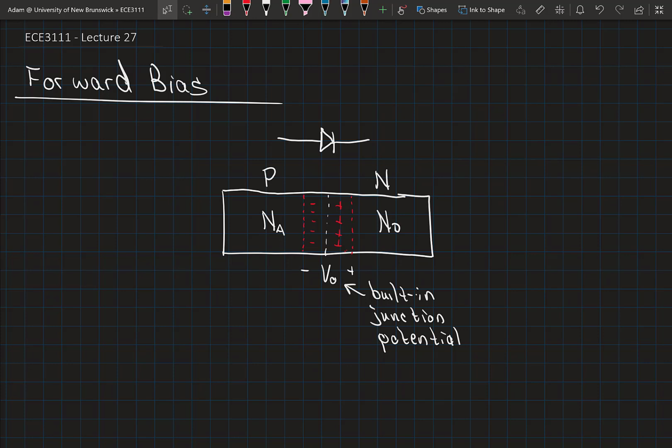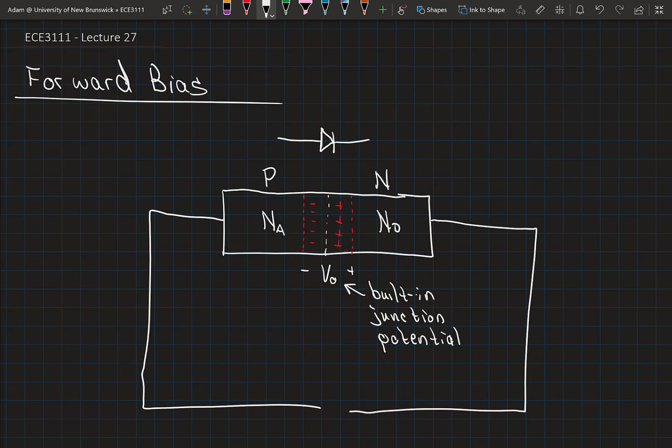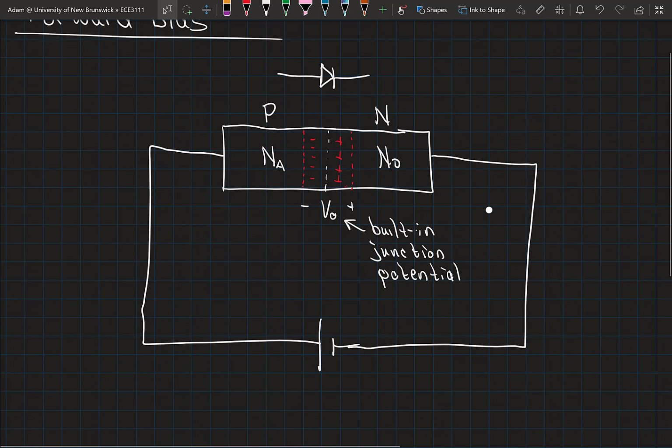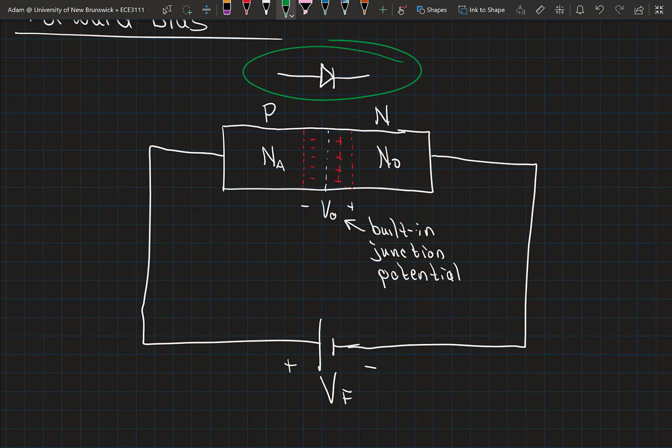Okay, but now what's new is we're going to connect a source in this manner, and we're going to call this VF to represent a forward bias. And again, as you can appreciate looking at the diode symbol, this would be a forward bias condition.